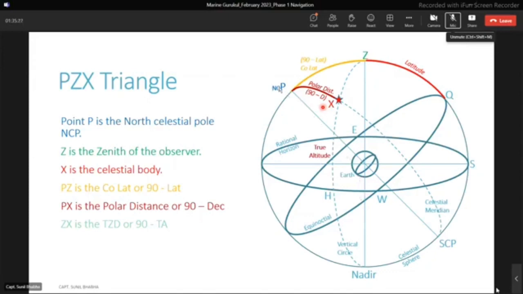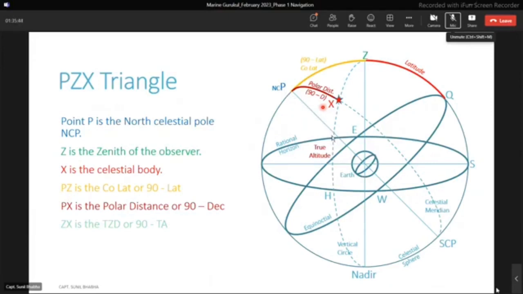Now, if you go from the center of the body X along this celestial meridian up to the equinoctial, this particular arc is the declination. It is not the dotted arc, right, sir?